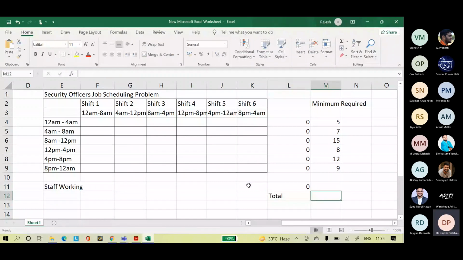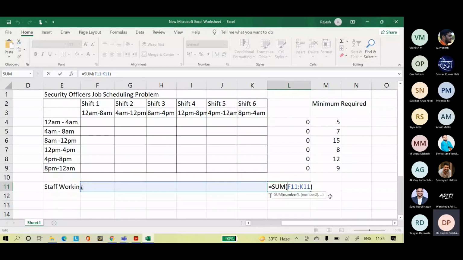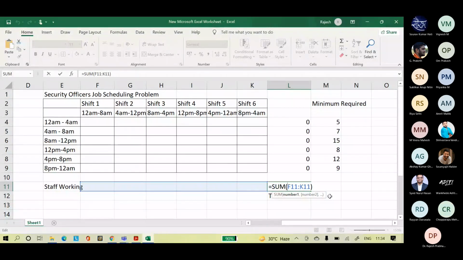This is the total staff required, which is the summation of these cells. Okay, all of you got the formula incorporation?